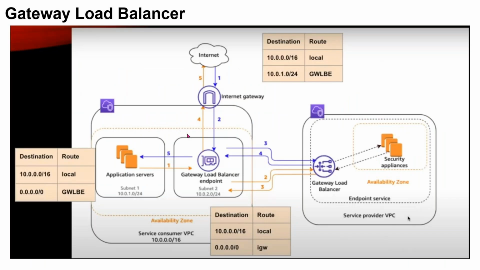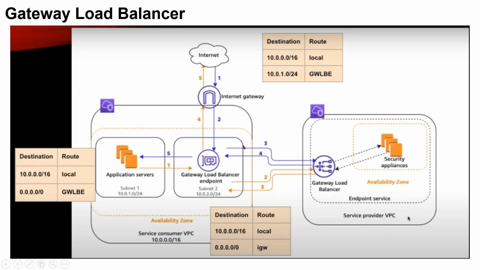If we look here, this is a route table configuration. These are the application servers. This is your gateway load balancer endpoint. This is your gateway load balancer, and this is the appliances availability zone.